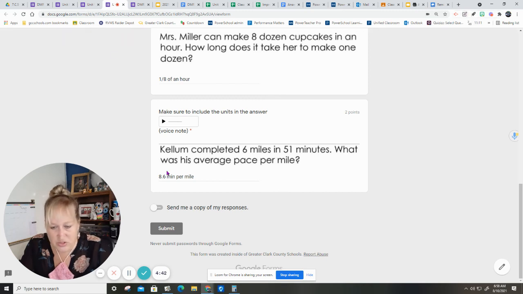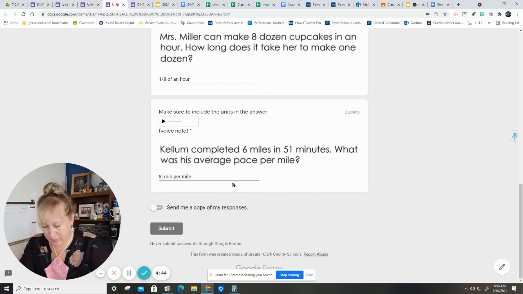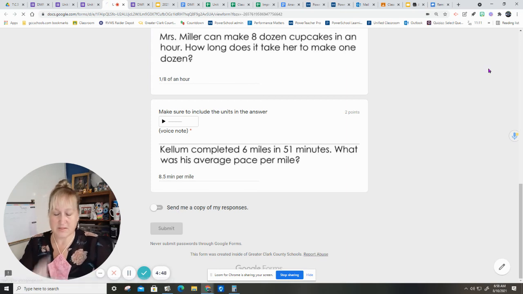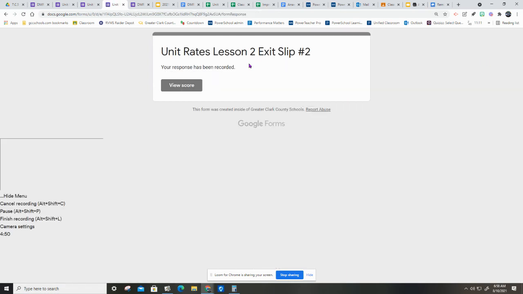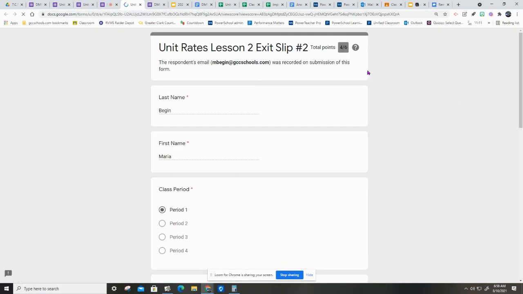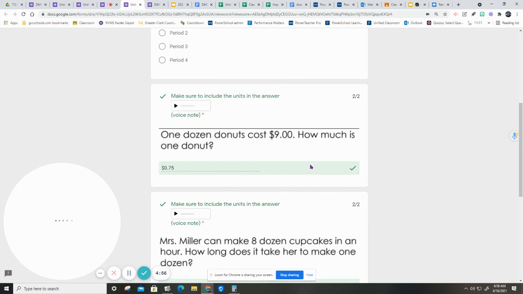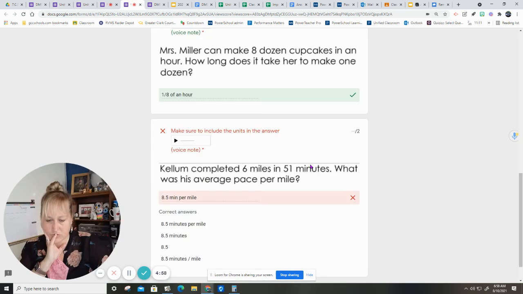So make sure that you change this to 8.5 minutes per mile. Hit submit. View the score. What did I type wrong? Didn't like it. So I'll add that for you guys since I abbreviated minutes. Should be good to go.